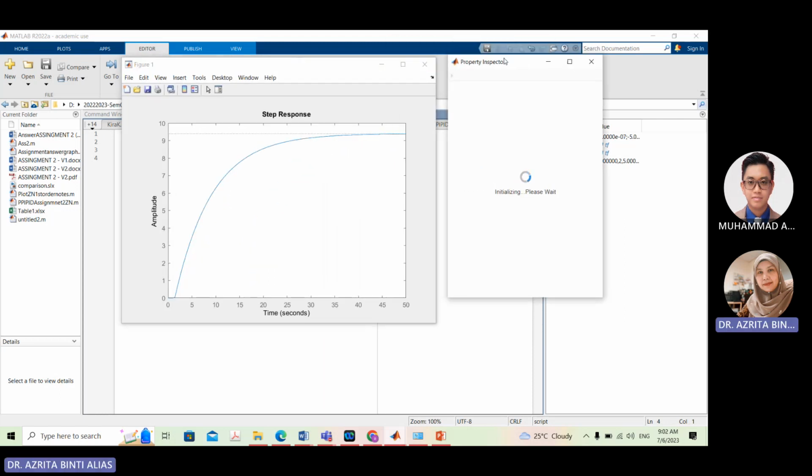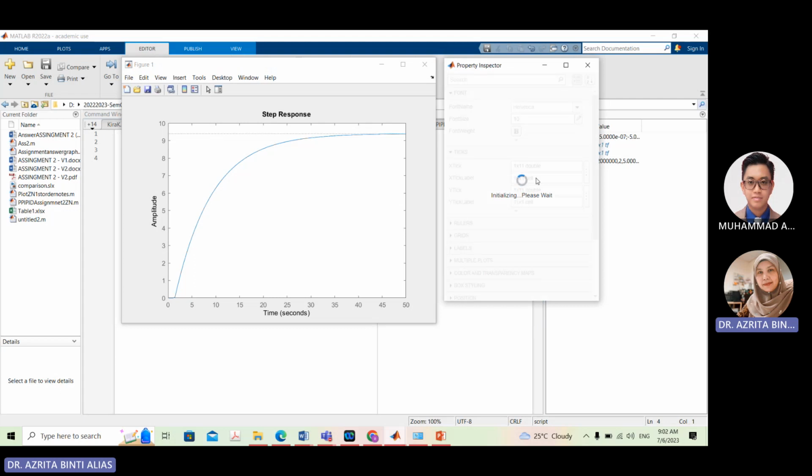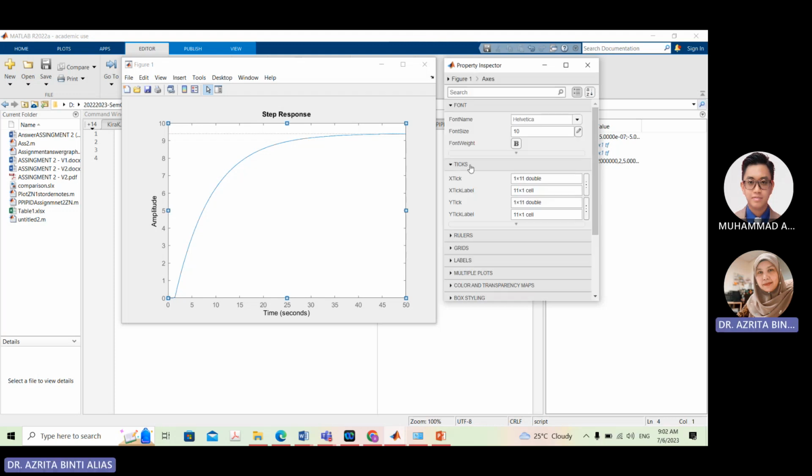So dekat sini awak boleh edit lah. Anything you can edit from here. I will show you as an example. Let's say we want to add the grids, X grid and Y grid. So you just click, and it will show you the X grid and also the Y grid.